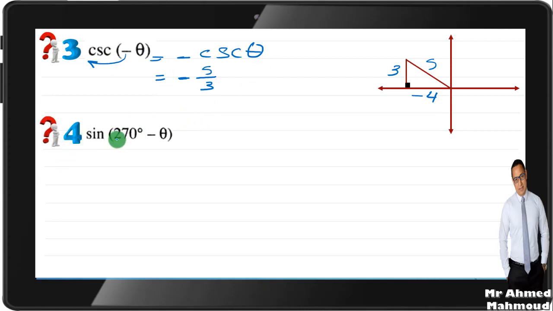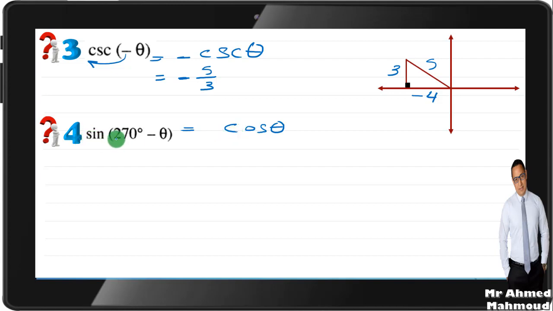Number 4, sine 270 minus theta. 270 changes the function from sine to cosine. It will make it cosine theta. Okay, this is the third quad. 270 minus theta in the third quad. Sine in the third quad, I'm going to look to the sine, not to the cosine, the main one.